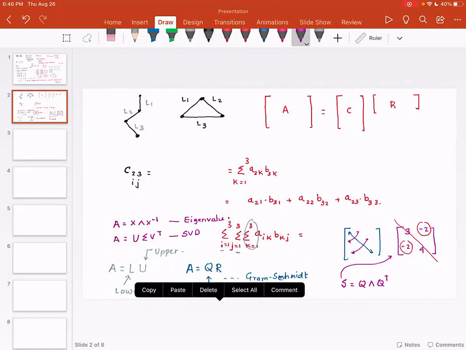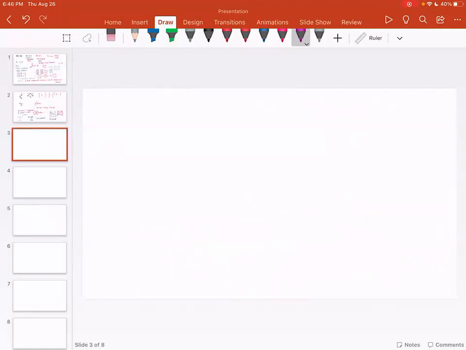The next part is the 4 fundamental subspaces. What this means is something simple. If we have a matrix A, I'm interested in knowing something called the column space.